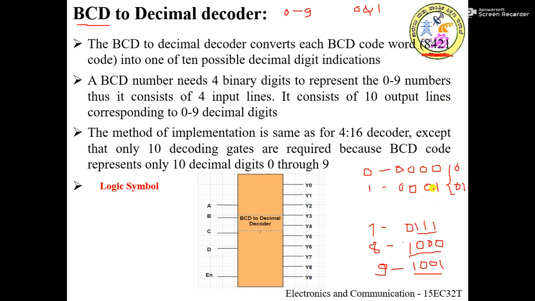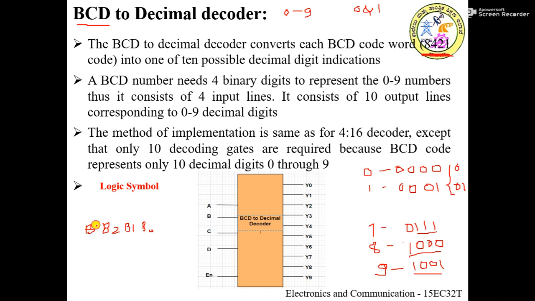As we know, if you represent a 4-bit binary number, let's say consider B0, B1, B2 and B3.